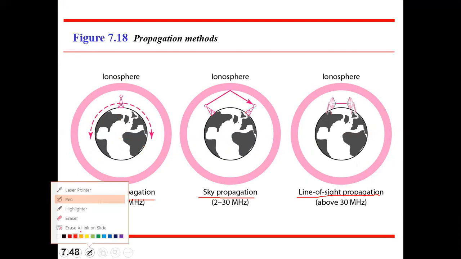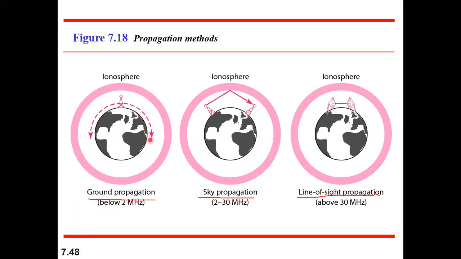of the Earth. So you see over here, suppose this one is the antenna. Now this antenna will transmit signal in all directions, and the signals will hug the earth and then transmit throughout the curvature.